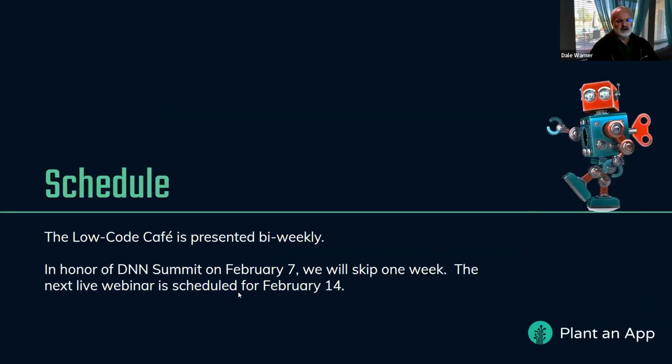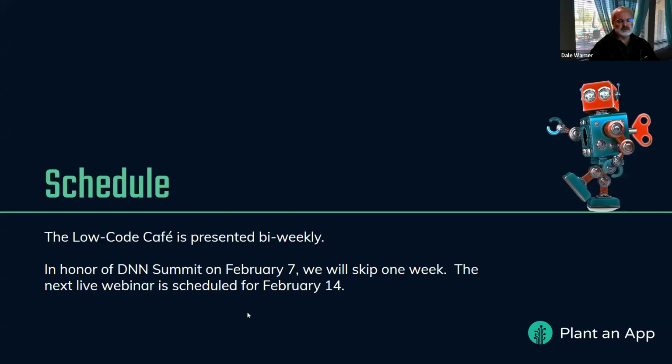Just by way of housekeeping, this is presented bi-weekly, and normally the next episode would fall on February 7th, but we are going to be skipping forward 1 week. So the next live webinar is going to be February 14th. That is because on February 7th and 8th, the DNN Summit is going on.